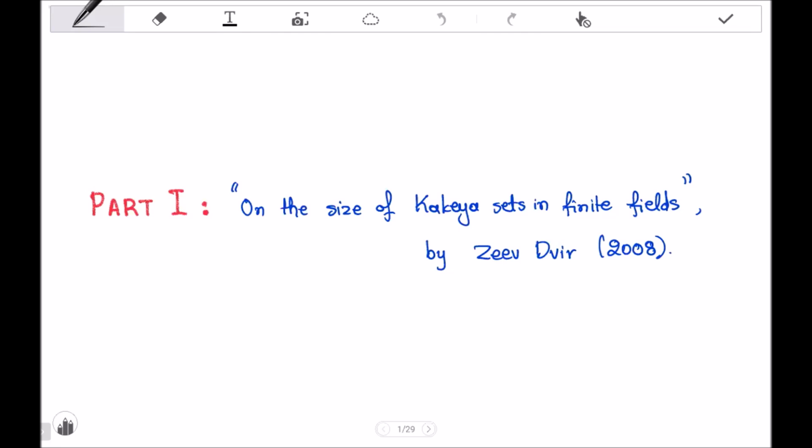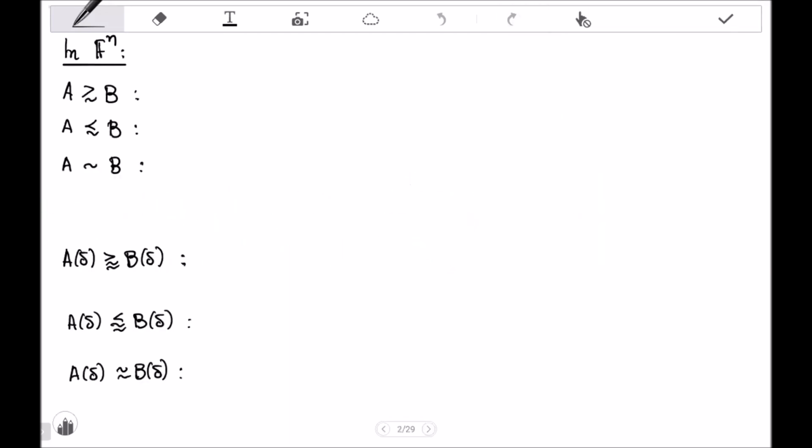And here I'd just like to talk about the first time this method was used by Dvir. First, some notation. This is about comparison in terms of order of magnitude. If you have quantities A and B, these are real numbers, but let's say they are the sizes of sets, for example, in F to the n.